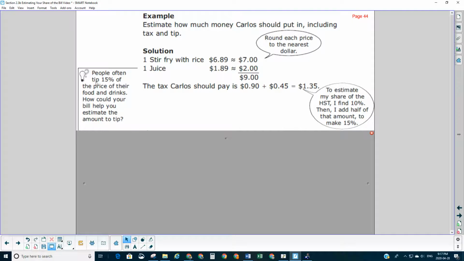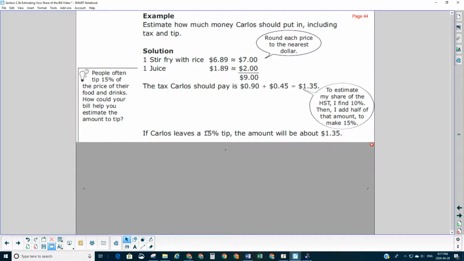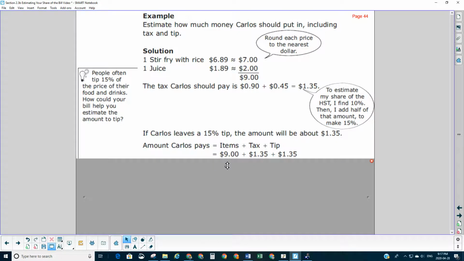So if the tip is 15% and the HST is 15%, we get to use that number again. So his 15% tip will also be $1.35. So we can take the amount that Carlos pays as the $9 plus the $1.35 tax and the same $1.35 in tip. That's 15% and 15%.